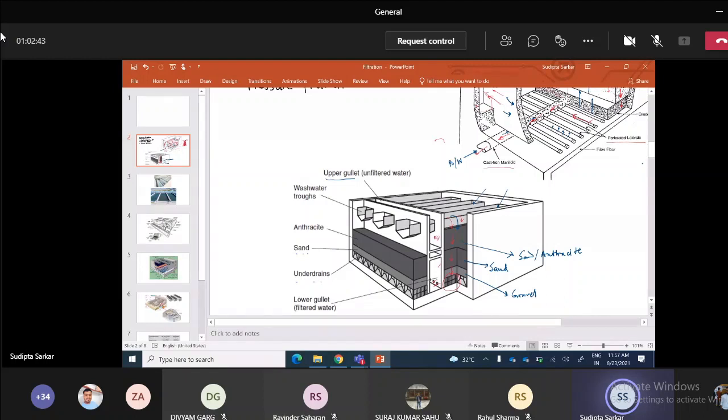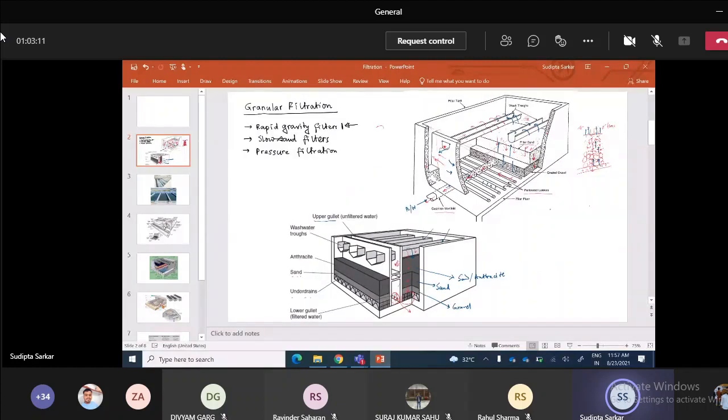When we are doing the backwash, the lower channel is now the inlet and the upper channel is the outlet. So the whole thing reverses. This is how the inside of the system looks.